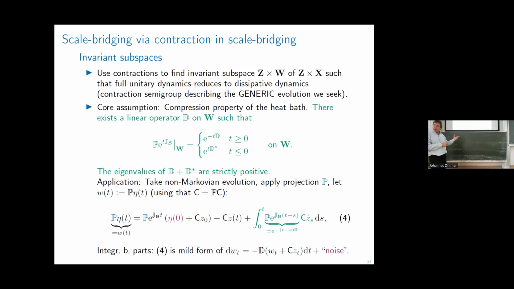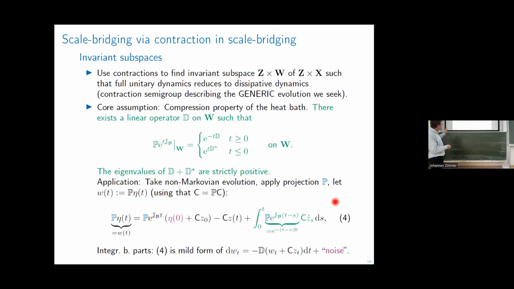In the example I show you at the end, this will be the case. I'll show you another example along the way. Assuming that this core step is satisfied, we can do what physicists would like to do. We take the system from the previous slide and we project. So I introduce a projection here, and the projection, if it commutes with the integral, ends up in this group, and this expression is, by the contraction assumption, a nice dissipative semigroup.